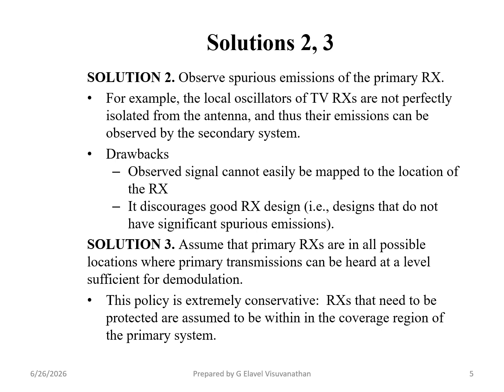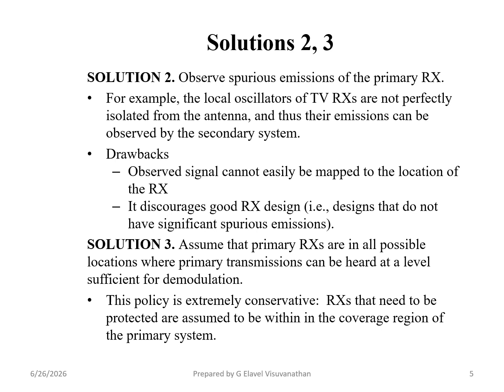Next, problem number 3. Assume that the primary receivers are in all possible locations where the primary transmission can be received at a level sufficient for demodulation.